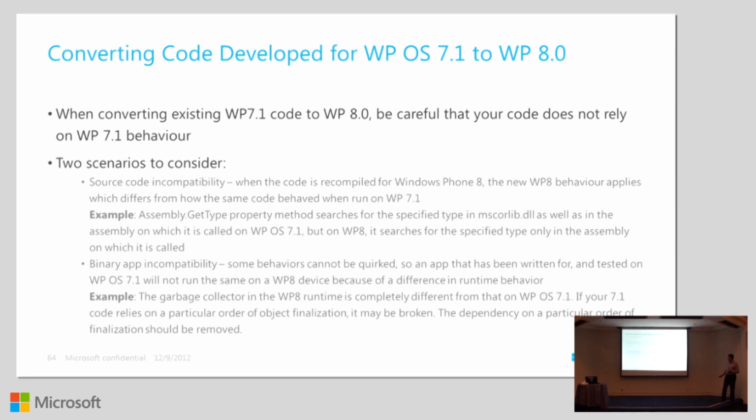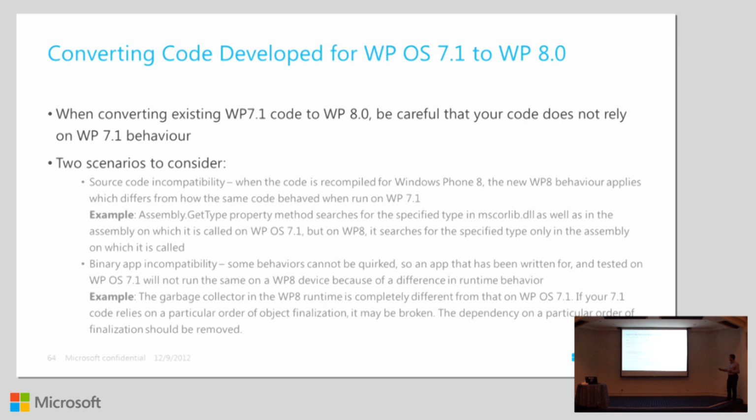Let me skip a few slides here. So what do you mean by source code incompatibility? You have the Windows Phone 8 OS and the 7.5. In 8.0, if you are using the storage file exists API, and a null is passed for the file, it will throw an exception.